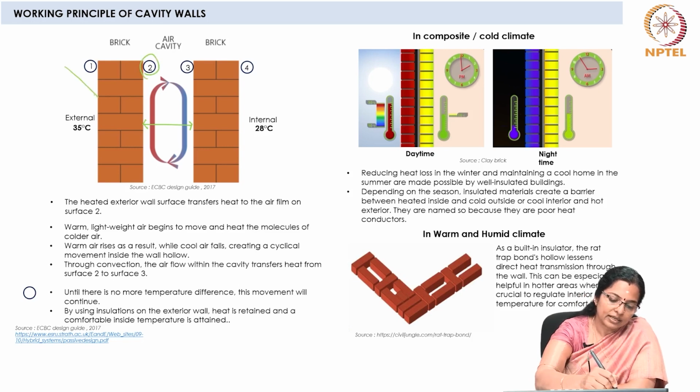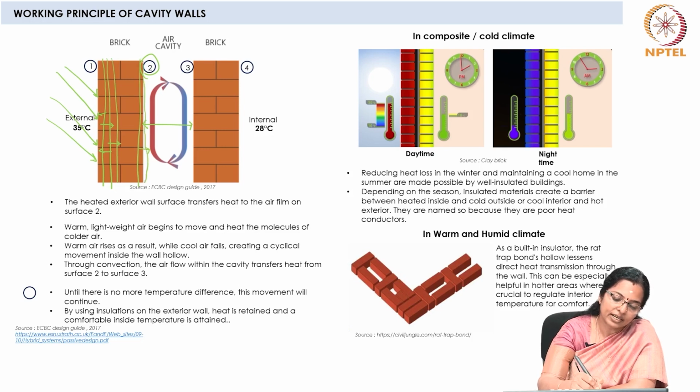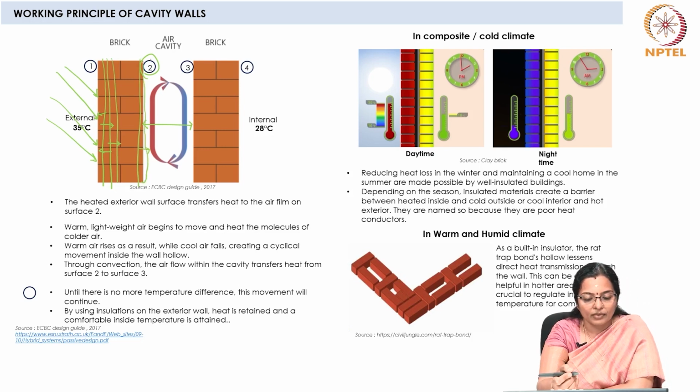So when solar radiation falls on this wall, there is gradual heating of the various layers of the wall until the heat is passed on to the film of air adjacent to the outer wall, and that is called surface 2.